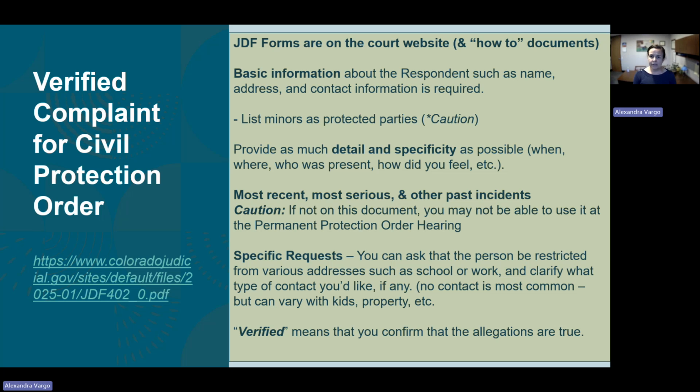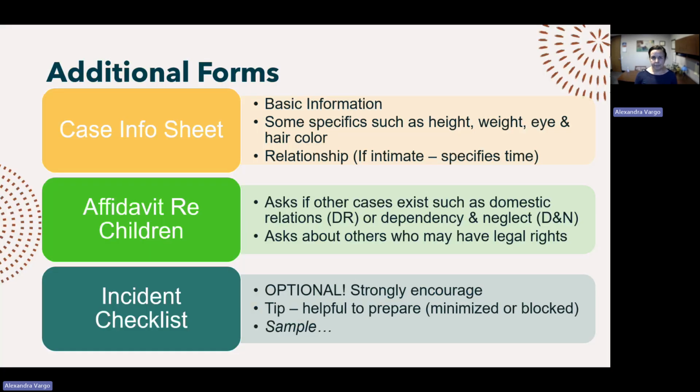And then specific requests, you can ask if the person be restricted from various addresses, such as work, school. You can clarify what contact you would like if you're okay with it. And then verified just means that you're swearing that the facts are true. So that's why it's called a verified complaint. You actually have to sign it and say, yes, I promise that this is what happened and how it happened.